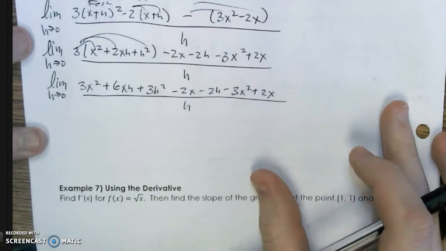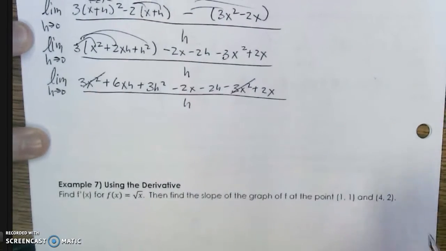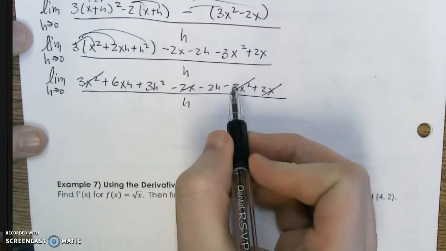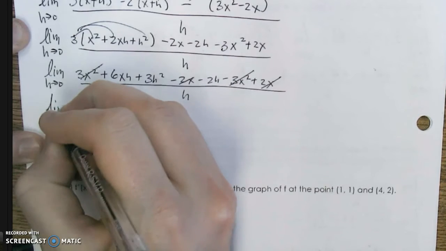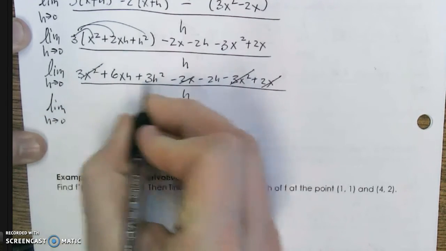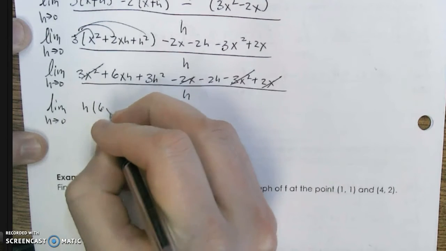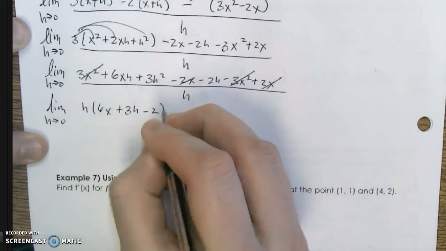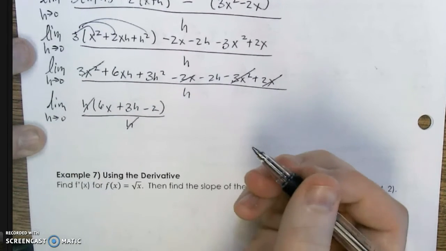And then we get to cancel stuff. So 3x squared cancels with -3x squared. And 2x cancels with -2x. And everything else, it isn't the same. So we're going to have those, but they all have an h in them. So we can factor an h out of everything that's left. And that's going to leave me with 6x and a 3h and a -2, which then helps me cancel the h's.